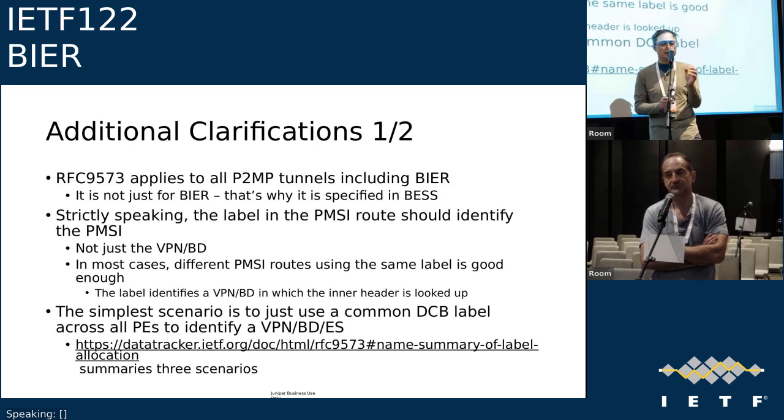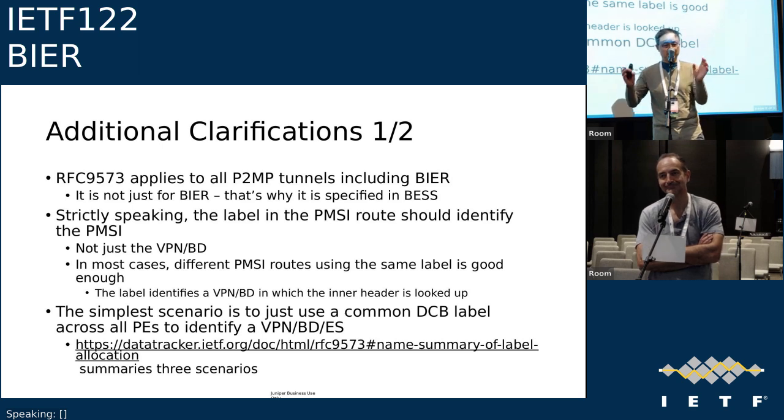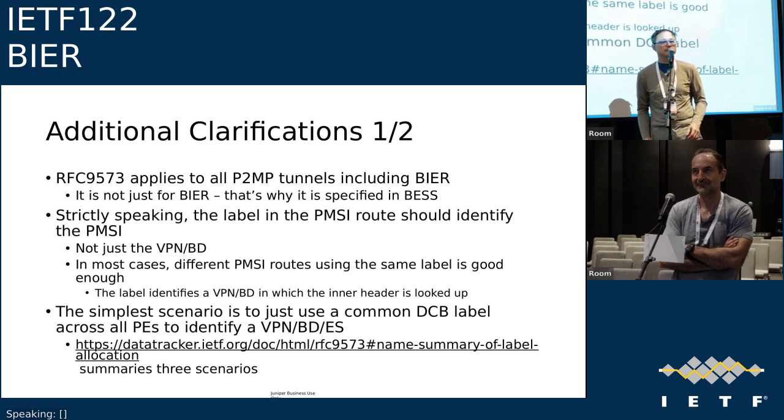Another thing is that regarding your static label, label from this default label space, that still needs to be treated as, if we use the old term, then it's still a downstream assigned label, or we change it to mean that, yeah, that label needs to be installed in the default LFIB and looked up there.